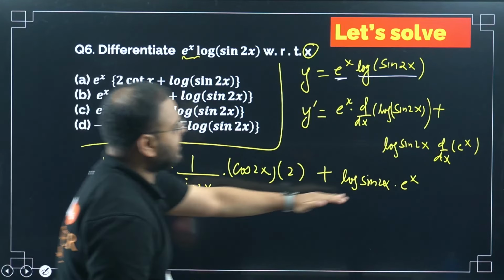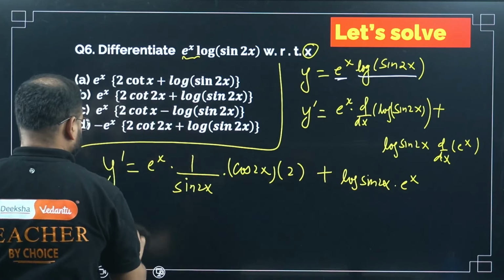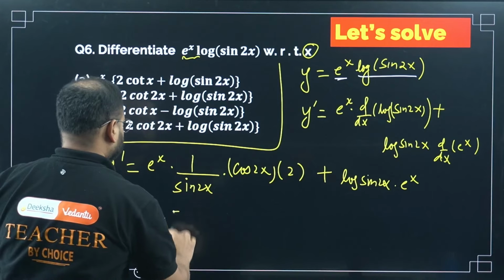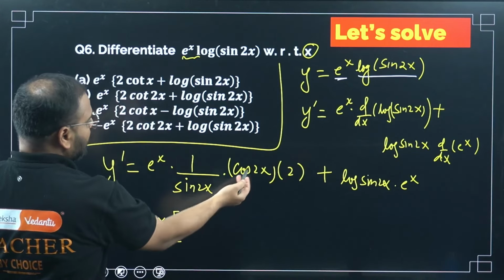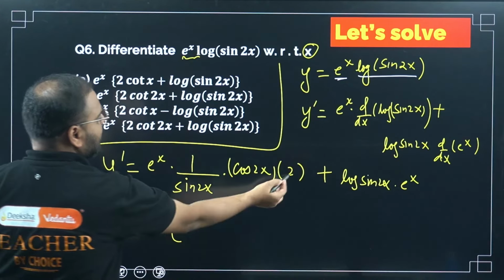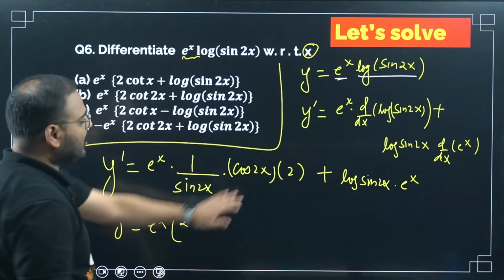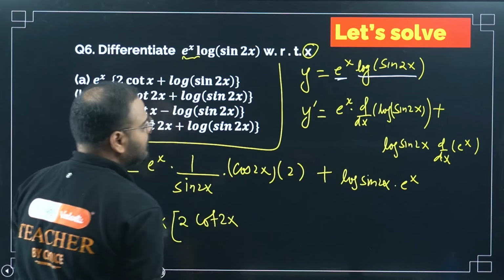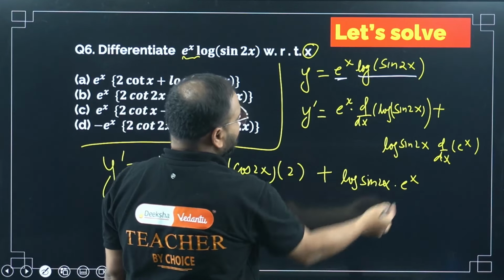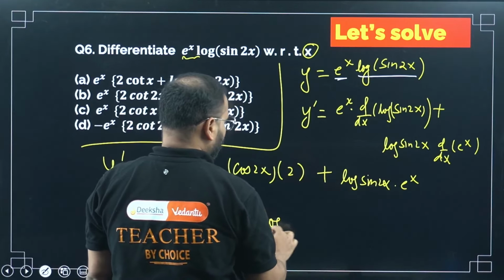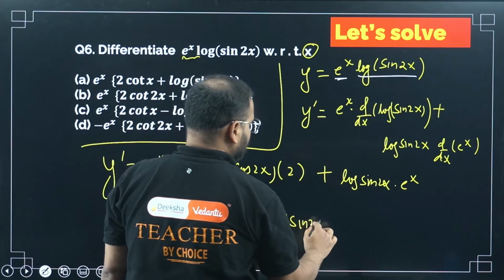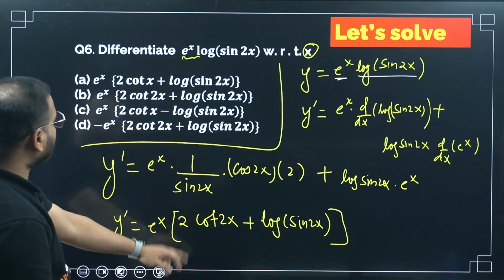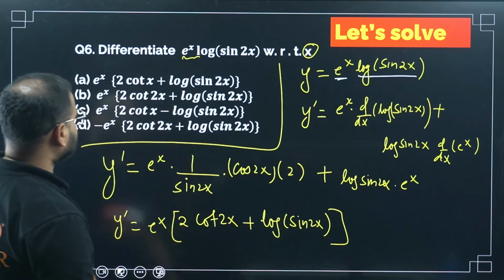I can see e power x is common, so let's take it common. y dash equals e power x times 2 cos by sine, that is cot 2x, with the plus sign, and I have taken the exponential function out, so log of sine 2x. The answer is e power x times 2 cot 2x plus log of sine 2x.